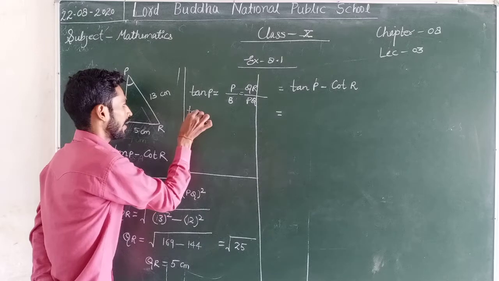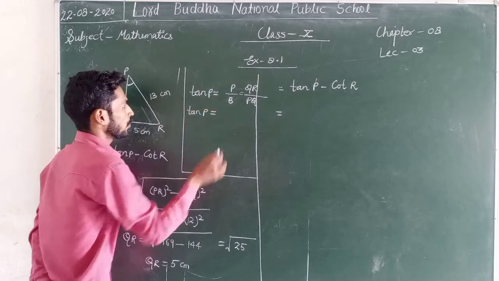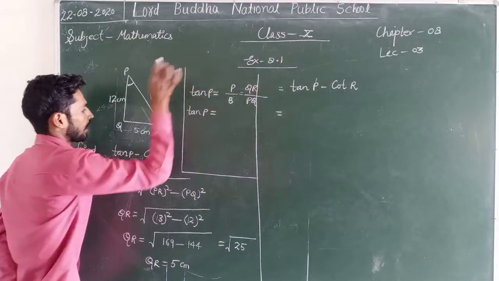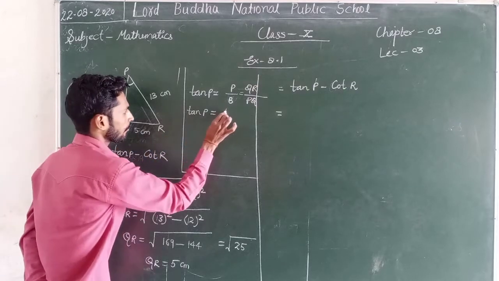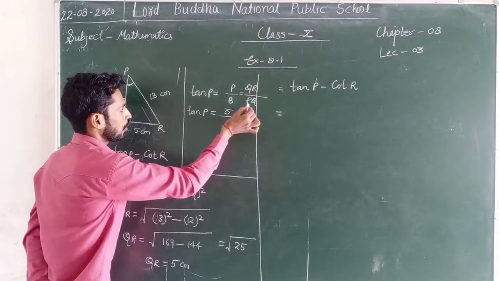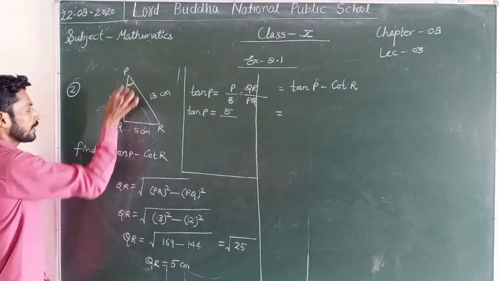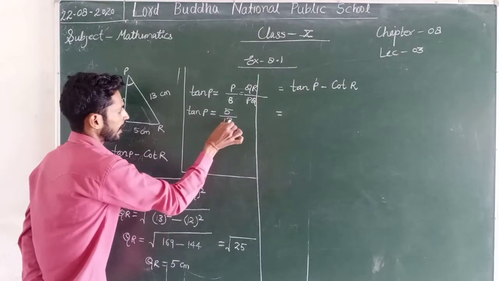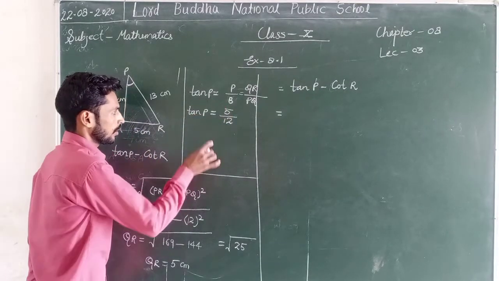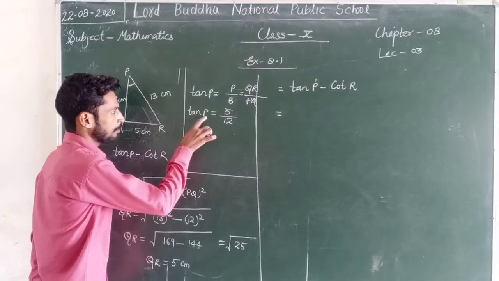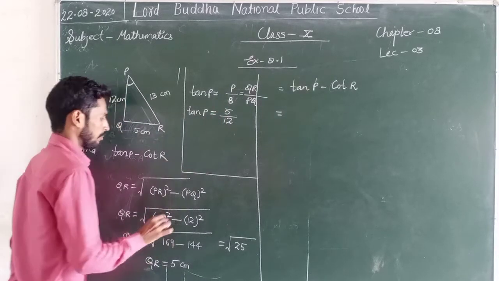So tan P equals 5 cm upon 12 cm. So tan P equals 5 by 12.